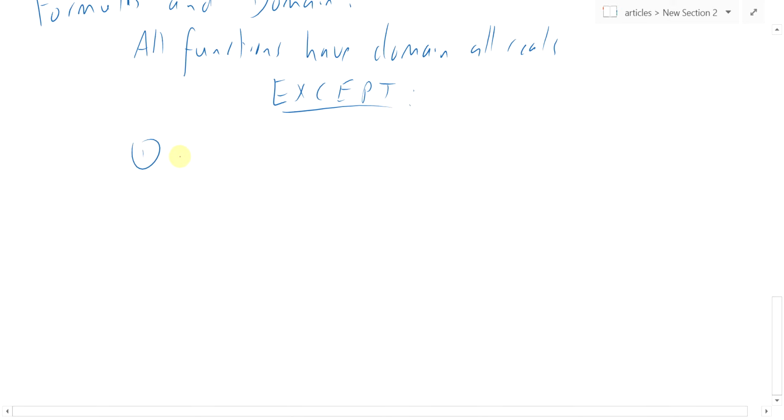One, square root of x, fourth root of x, sixth root of x, even roots.